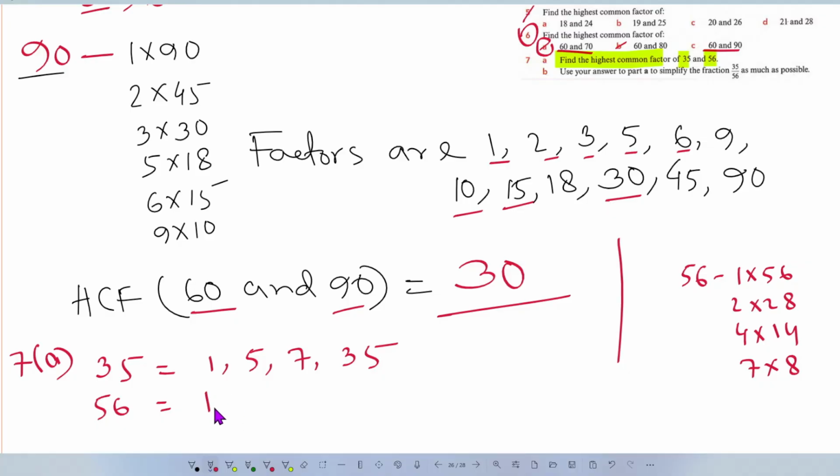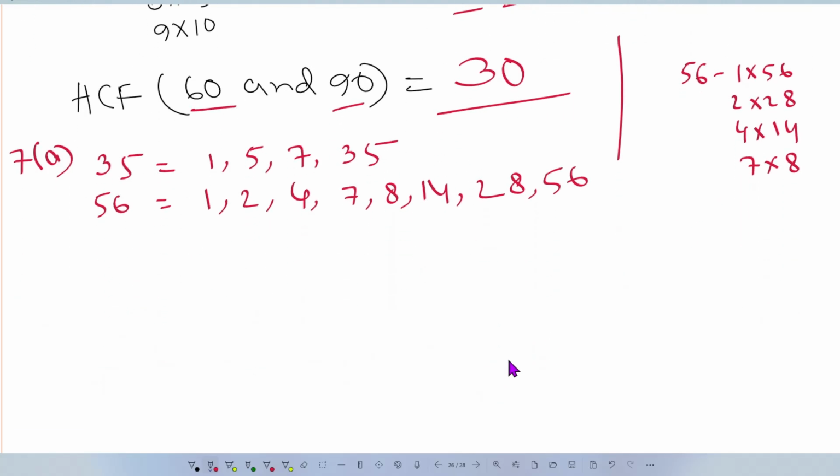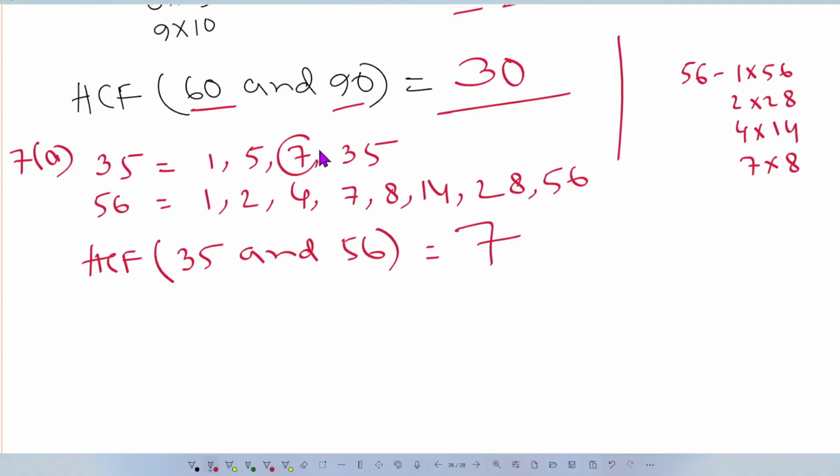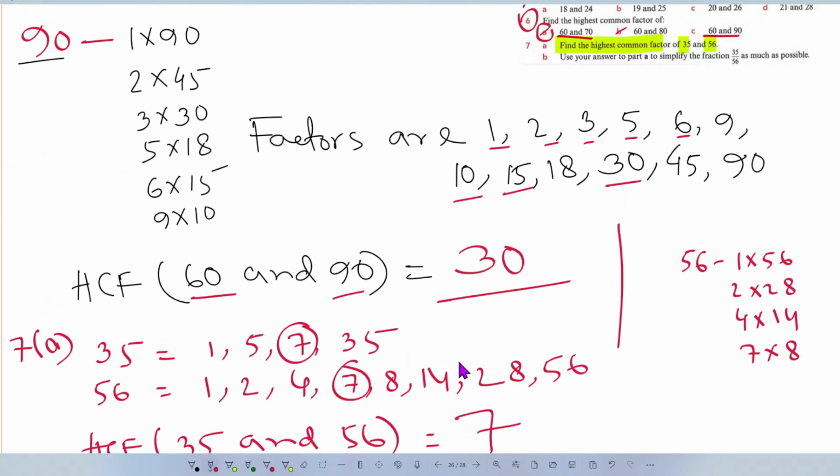So 1, 2, 4, 7, 8, 14, 28 and 56. So what is the HCF? HCF of 35 and 56 equals to 7. This is common factor and also highest common factor.